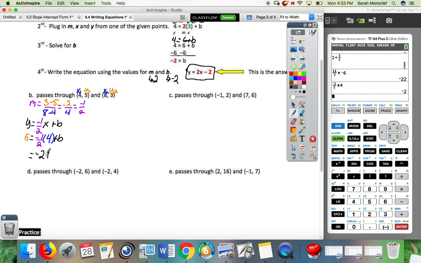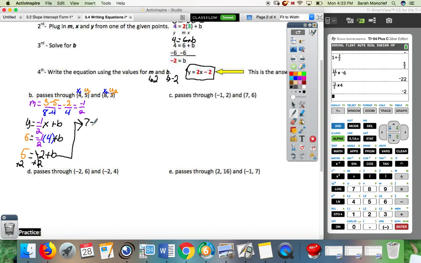So negative 2 plus b is equal to 5. Now, in order to get b by itself, what do I need to do? I need to add 2 to both sides so that it'll cancel out the 2. What is negative 2 plus 2? Cancels. And what is 5 plus 2? That is 7.